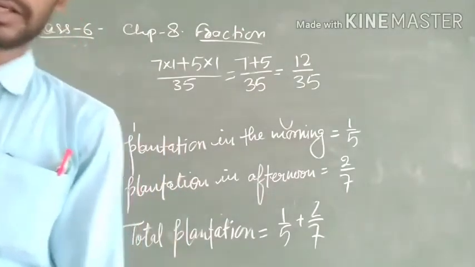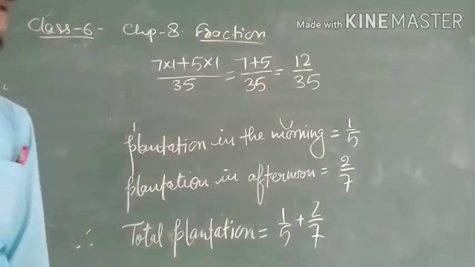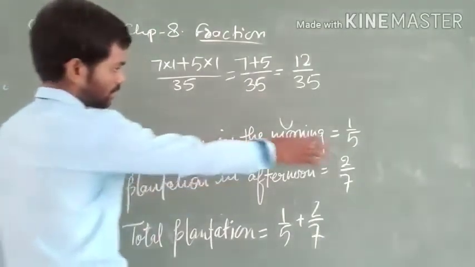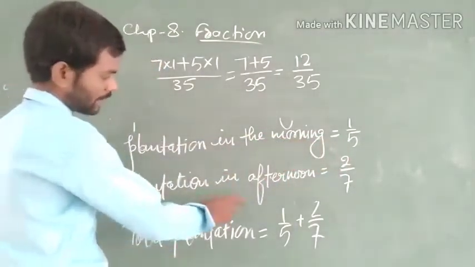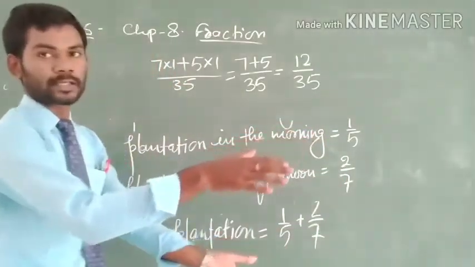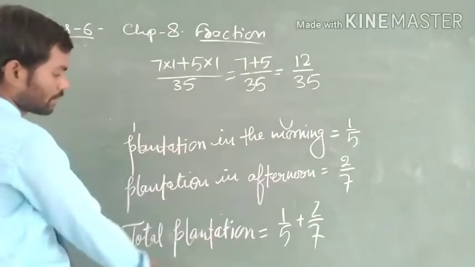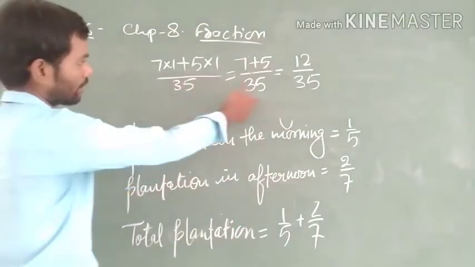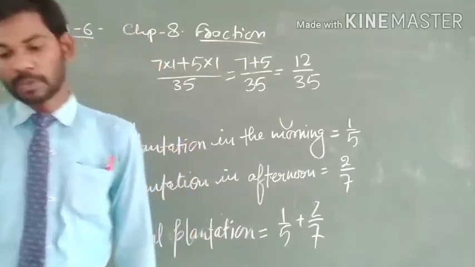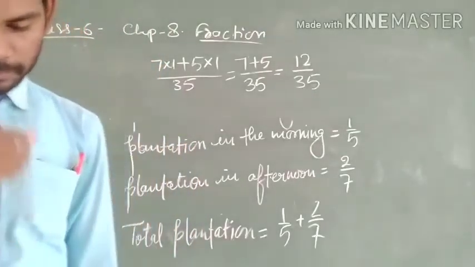I hope it is clear to everyone. First we write the plantation in the morning and the plantation in the afternoon, and to find the total plantation we add them, and we get their sum 12 upon 35.